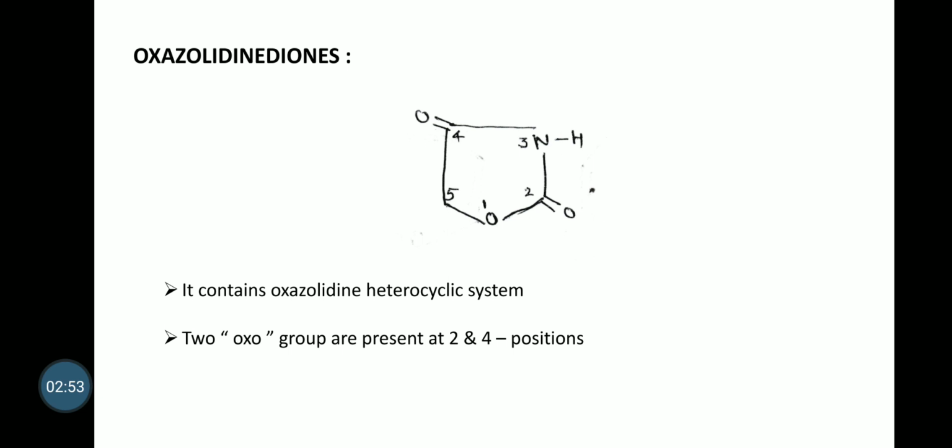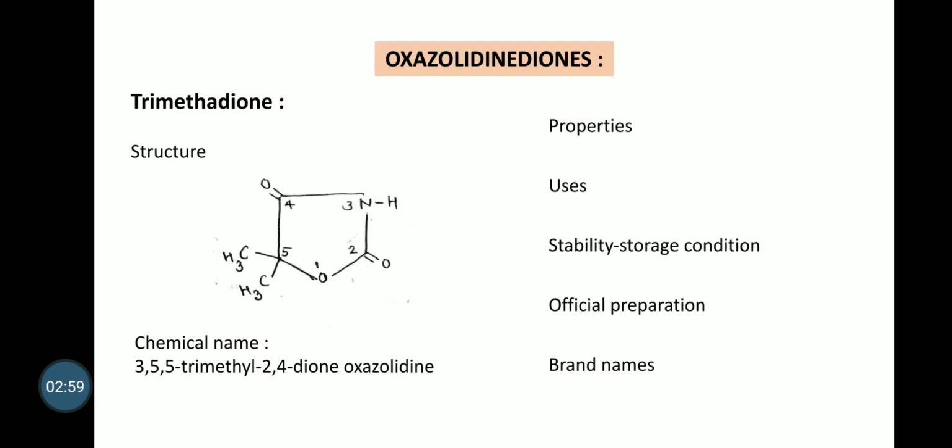The remaining structure is similar to Hydantoin. Now in oxazolidinediones, the first drug is trimethadione, also known as Troxidone.